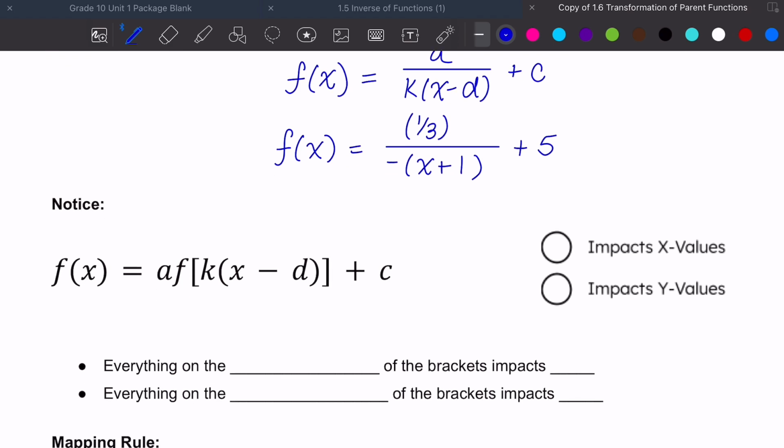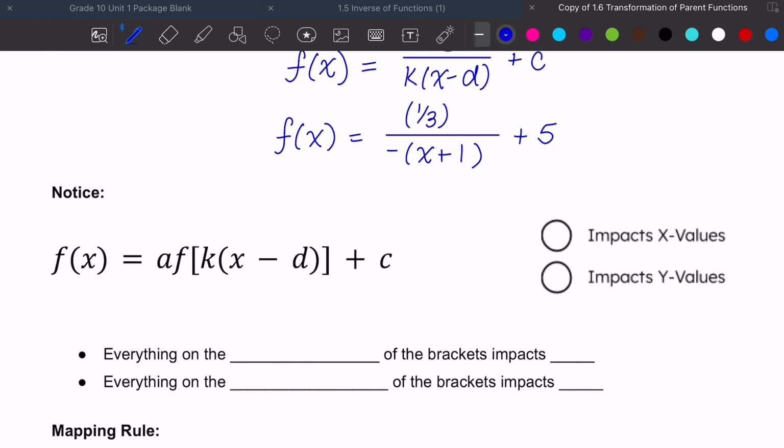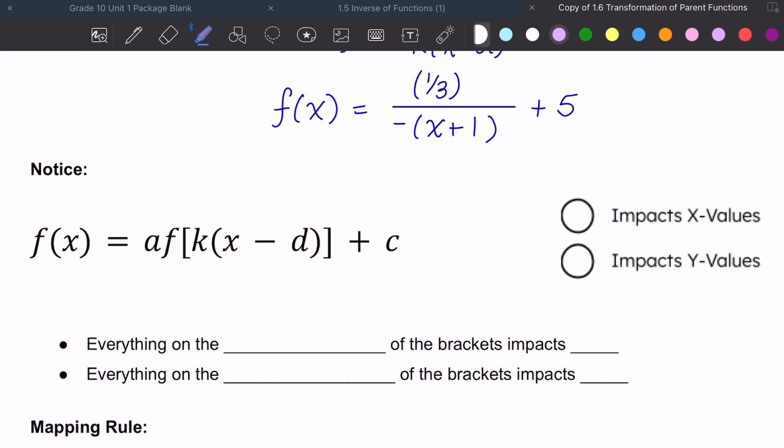Perfect, okay, so you will notice, like I said, A and C always get to be on the outside, whereas K and D always have to be on the inside of the function. So if you've got some colors, you can say everything on the outside, A and C, is going to impact your Y values, which I'm going to highlight in pink here.